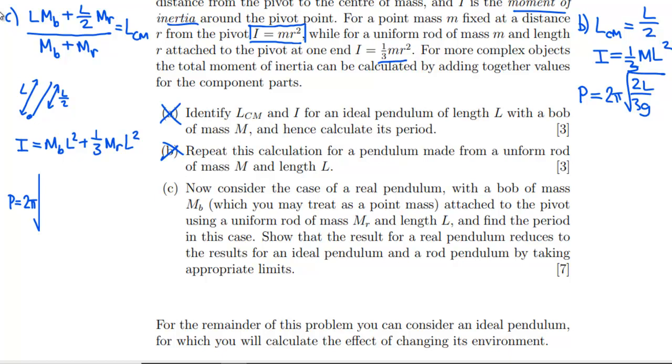So what have we got? We got I at the top, so let's factorize that L squared. So we got L squared times (M_B plus M_R divided by 3). And then at the bottom we have got our g and the new M, which is M_B plus M_R, and then we've got our L, which is this horrible looking thing.